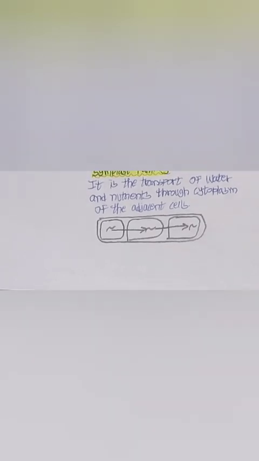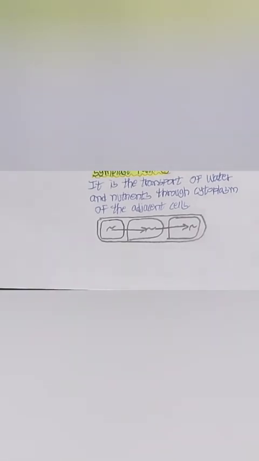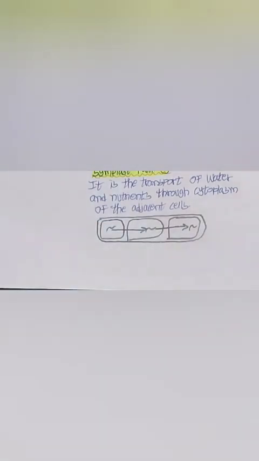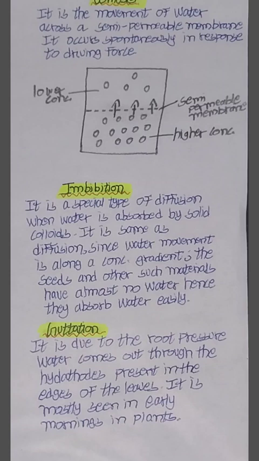It takes more time than the apoplast pathway because in this the nutrients directly enter through the cell and then go out. So through the cytoplasm it enters and then again it comes out and then goes through the other cell's cytoplasm and it continues. The transport that takes place by this is called the symplast pathway.